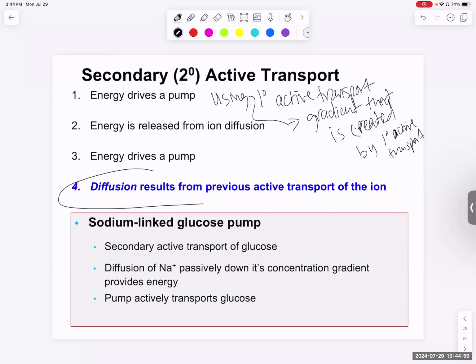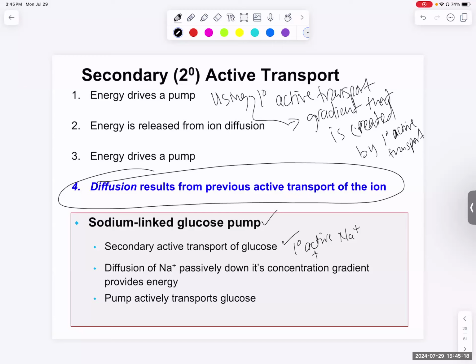And so diffusion results from a concentration gradient that is created. An example that I showed you before is the sodium-linked glucose pump. It's secondary active transport. Why? Because you had primary active transport of sodium out of the cell.